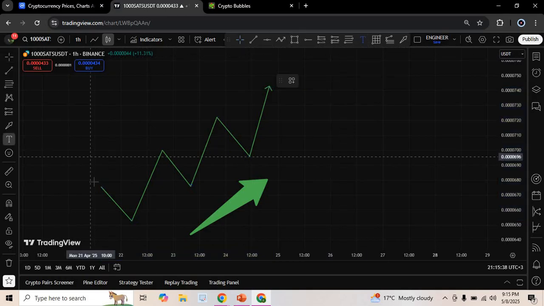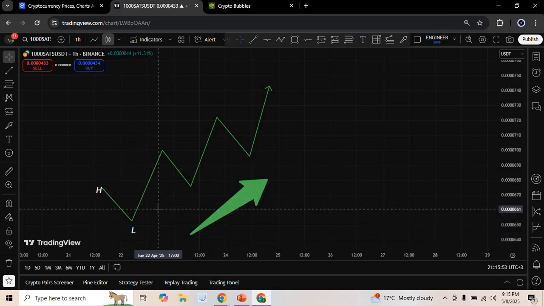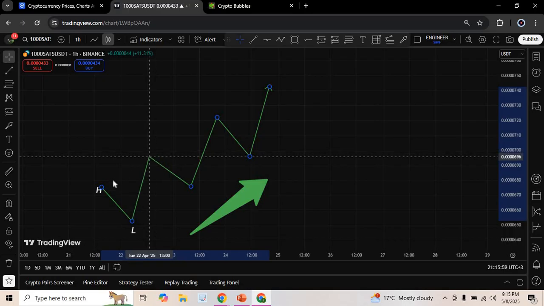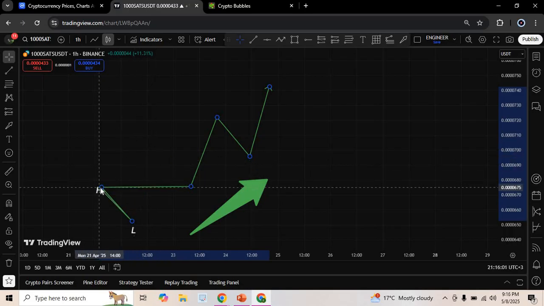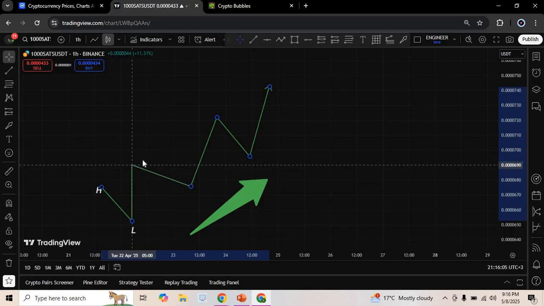So here we are having a high. Right here we are having a high. Then right here at the bottom, we are having a low there. So how do we come up with a series of higher highs and higher lows? So this part right here is a high, but it is definitely higher than this previous high right here.